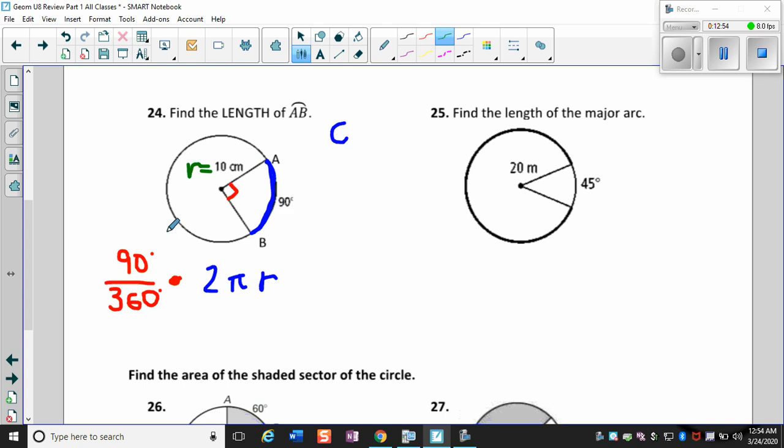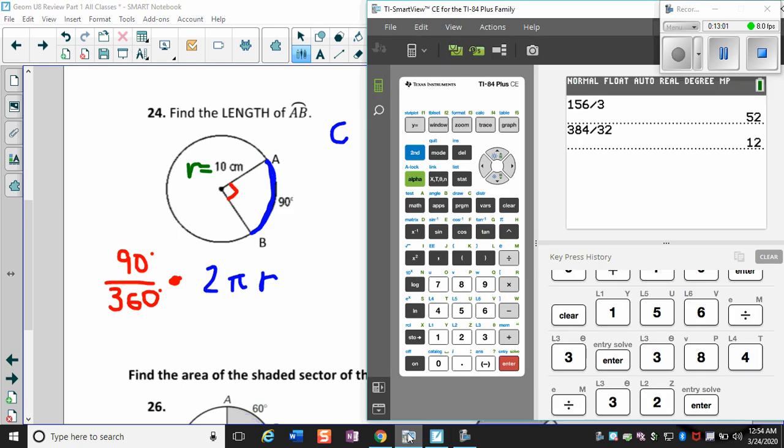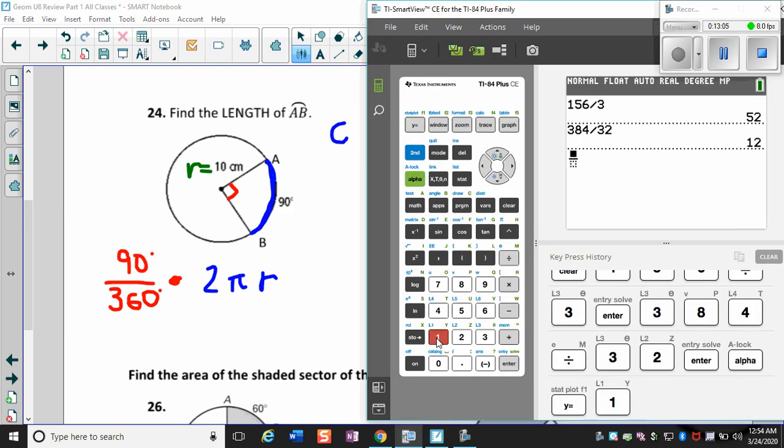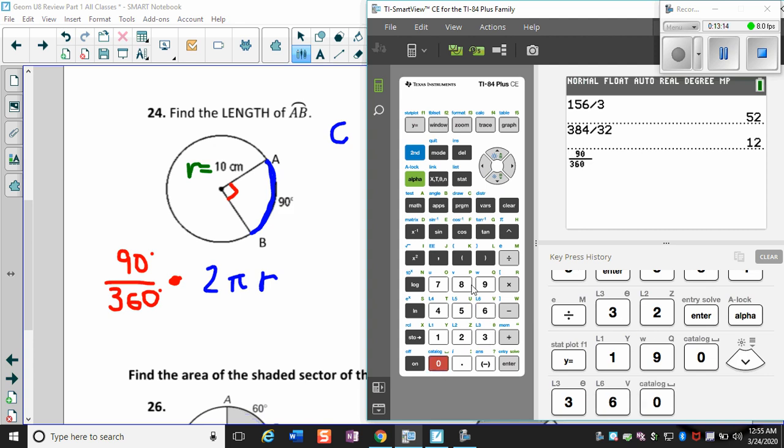So using our calculator, we're going to get 90 over 360 times 2 pi r, which is 10. So let's go ahead and type that in. Now remember, I like to use alpha y equals 1 to use our fraction boxes here. So I'm going to put 90 in the numerator, arrow down, put 360 in the denominator and arrow out.